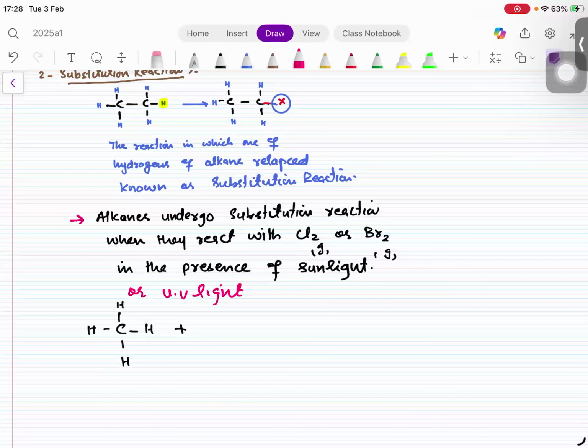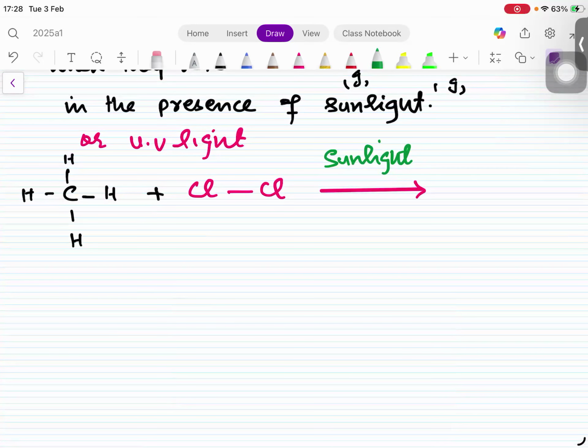It reacts with chlorine Cl2 in the presence of sunlight or ultraviolet light. So what happens? Please look at this. As I said, one of the hydrogens is replaced. Let's say this hydrogen and this chlorine, they combine to make what? HCl, and the other Cl will go and take the place of this hydrogen.